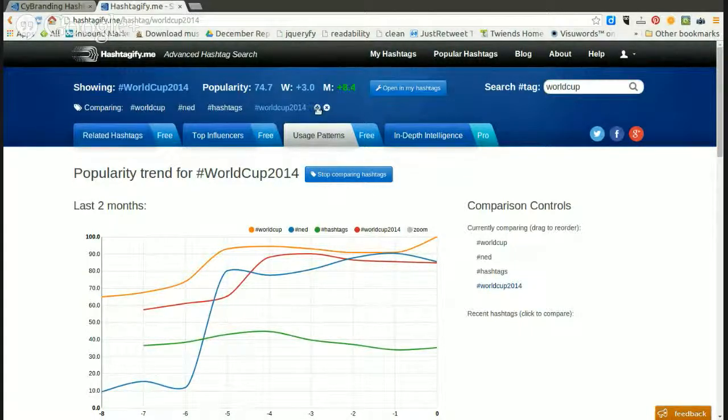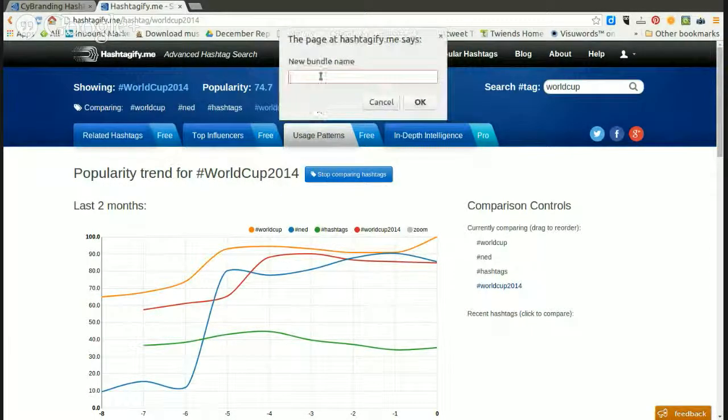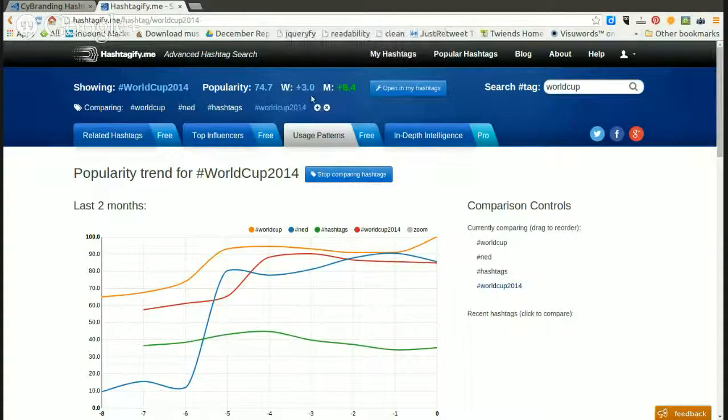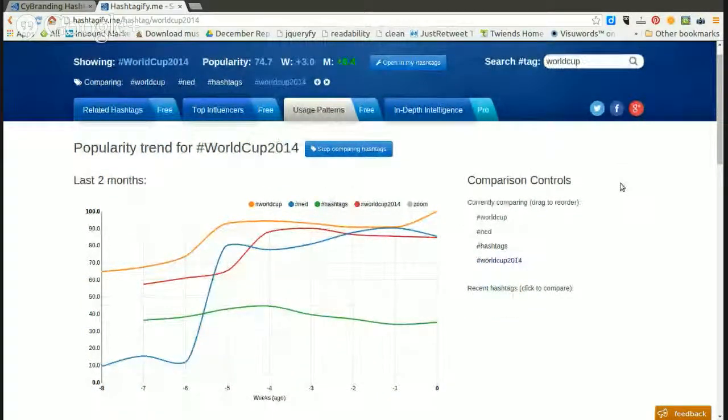I can do it easily because I can click the plus button here and give a name to this bundle, for example, World Cup, with a lot of fantasy. And now it has been saved.